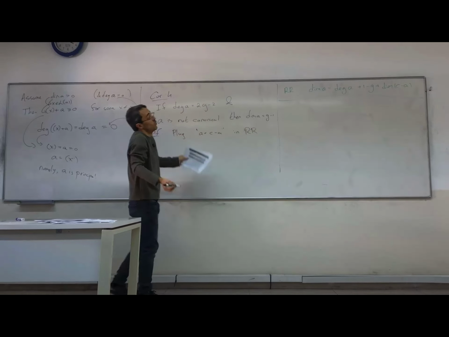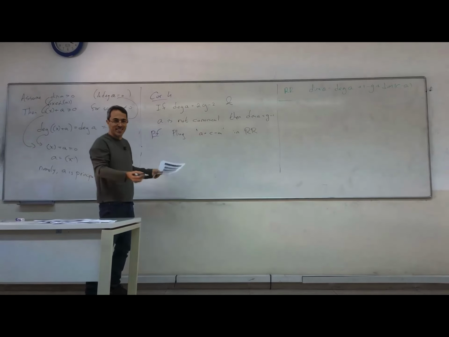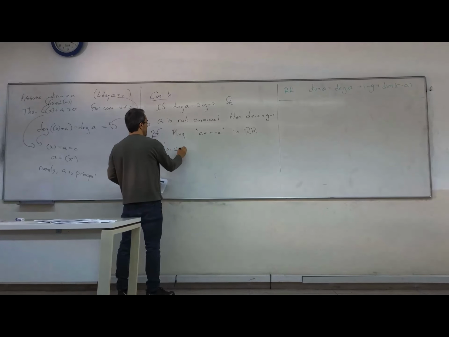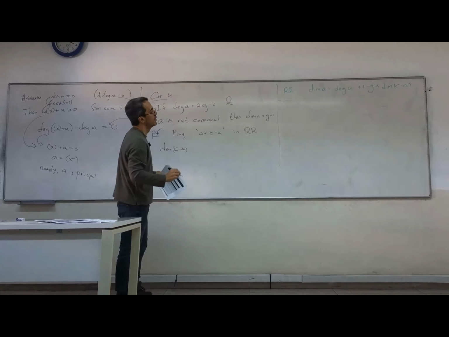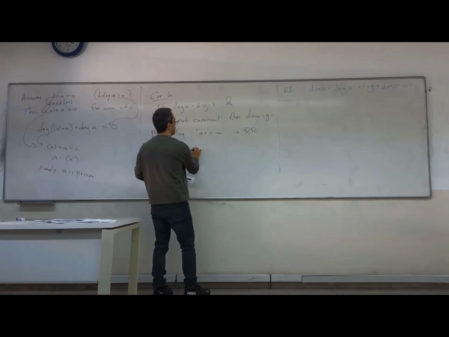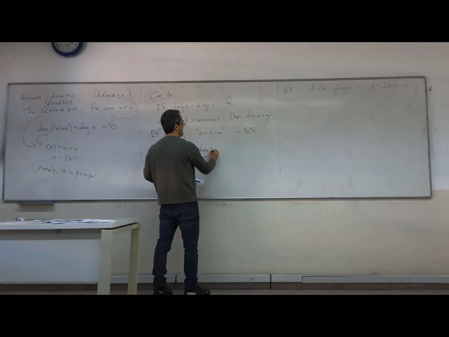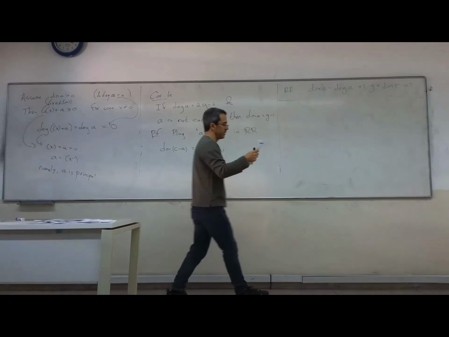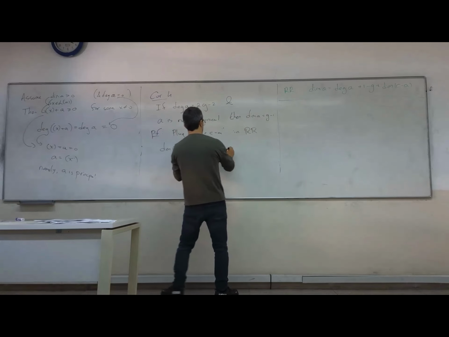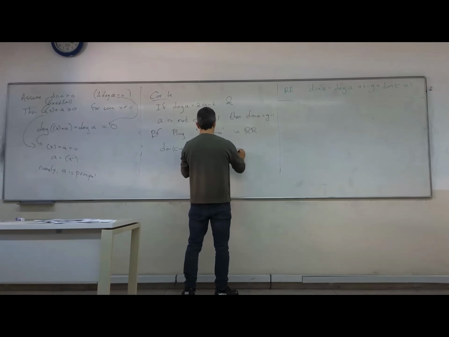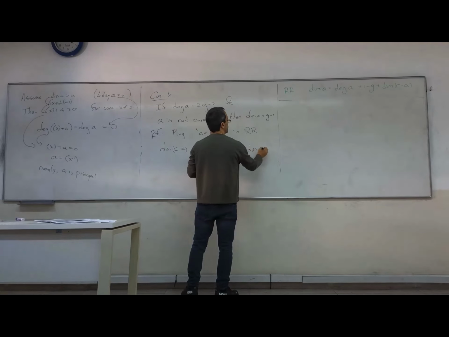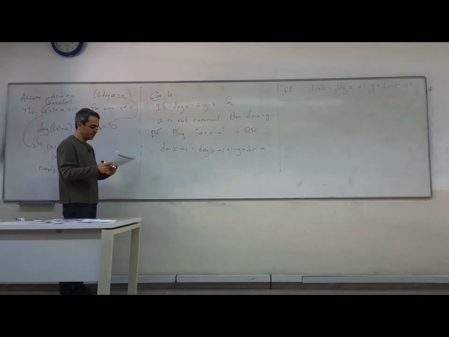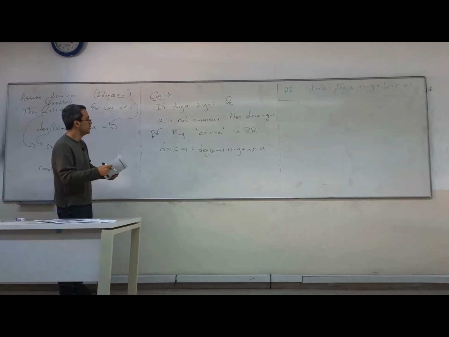What does it tell us? It works for every A, so it works also for C minus A. So it tells us that the dimension of C minus A is the degree of C minus A plus 1 minus g plus the dimension of A. But that's generally true.